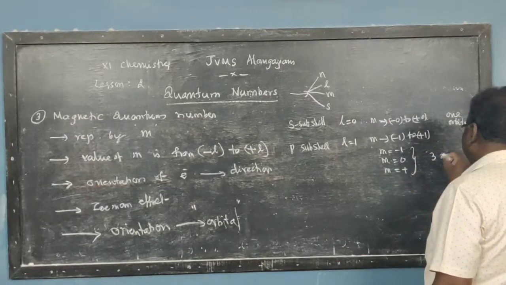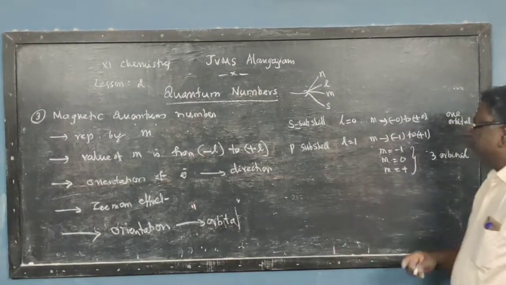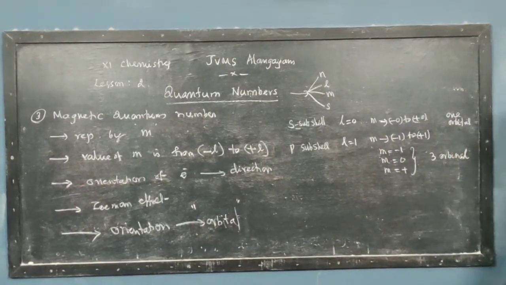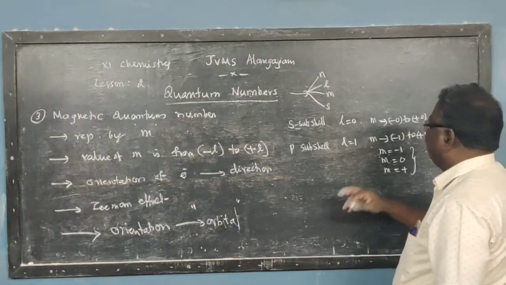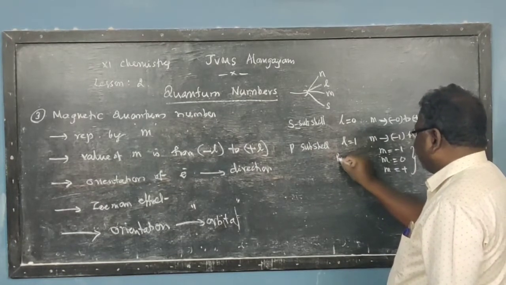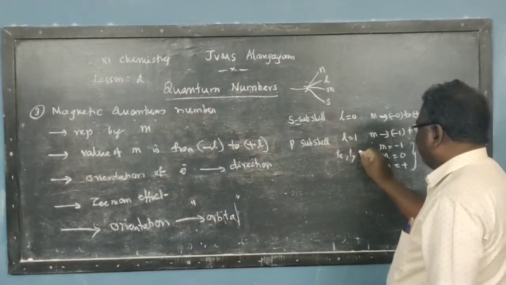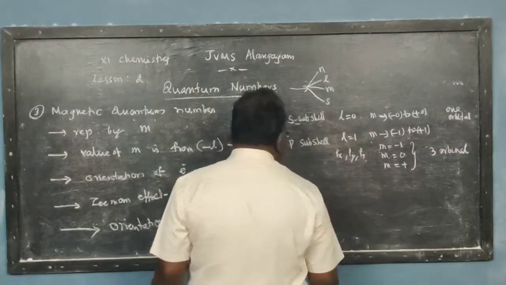Therefore, it has three directions in which the electron makes movement. Those three orientations are called three orbitals. That means the p subshell will have px, py, pz. So these are the orientations that are called orbitals.